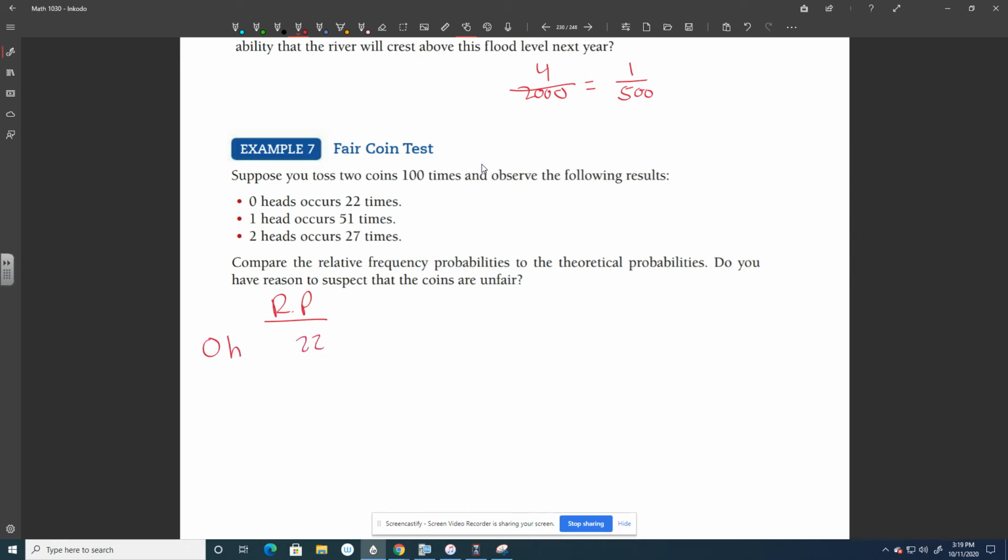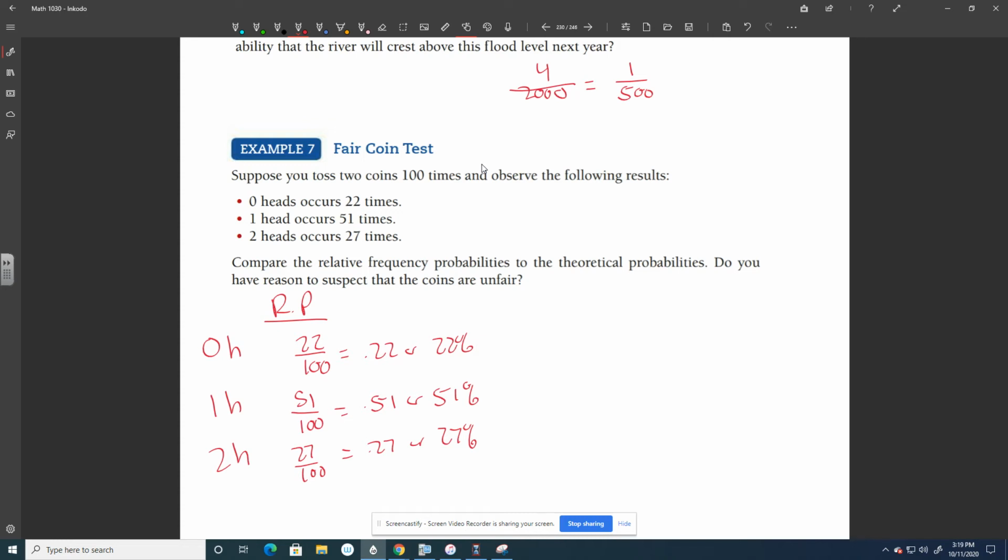Well, 22 out of 100 times that happened, which is 0.22 or 22%. Getting 1 heads, that happened 51 out of 100 times, which is 0.51 or 51%. 2 heads happened 27 out of 100 times, which is 0.27 or 27%.